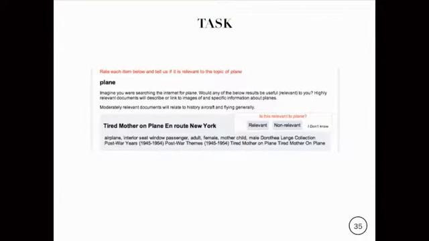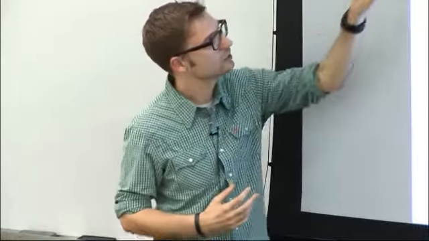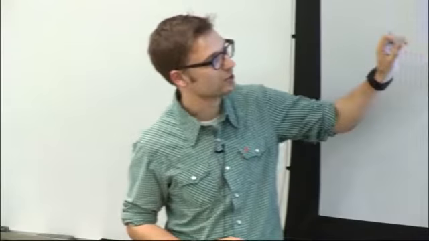So before I move on, this is what a task looks like. You're given a query, a description of what's relevant, what's moderately relevant, and then a number of results. And you say, this result is relevant to the query or non-relevant.